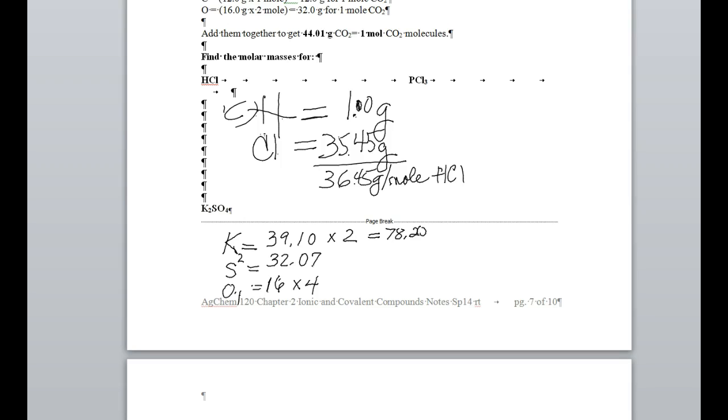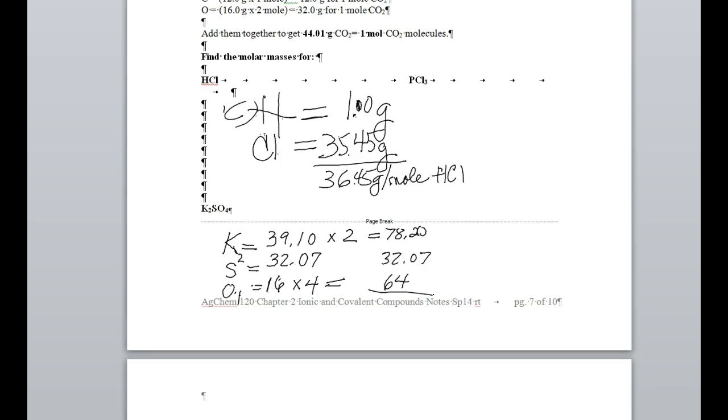So we've got how many S's? 1 S. We've got 4 oxygens. Oxygen is 16. So 16 times 4 should be, what, 64? Okay, so all we got to do is add those all up, and we should come out with what? 8 and 2 is 10, 14, 10, 11, 17.